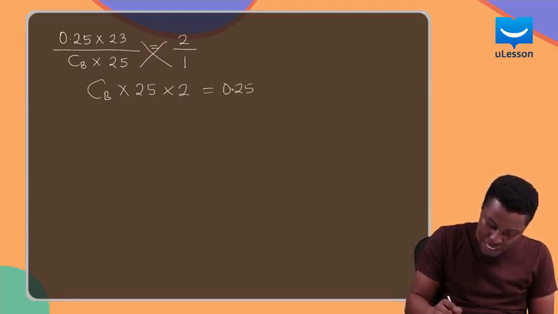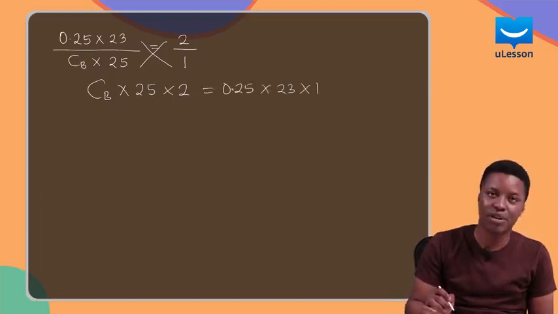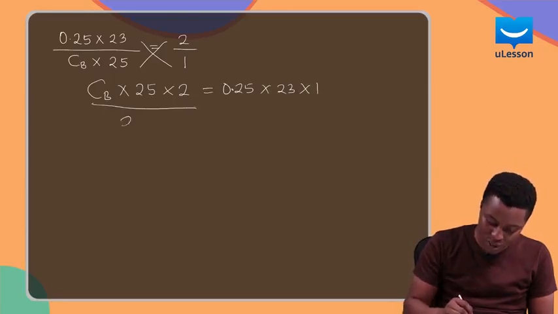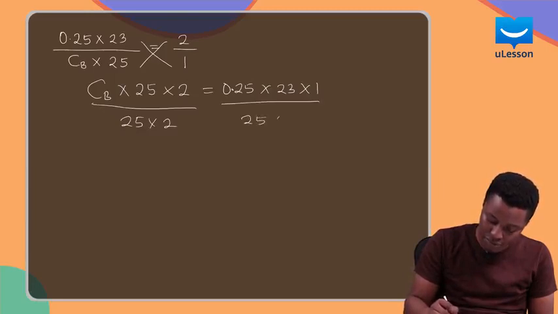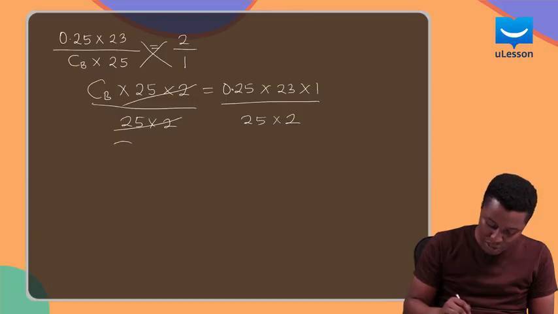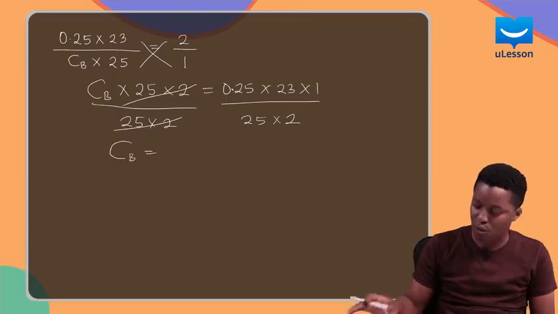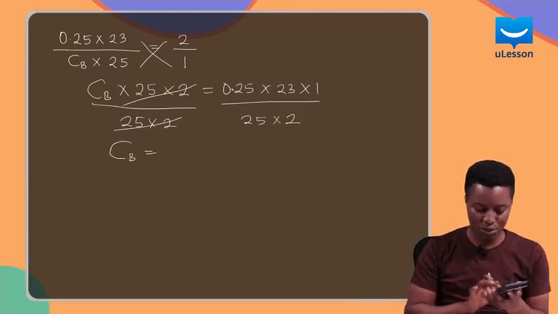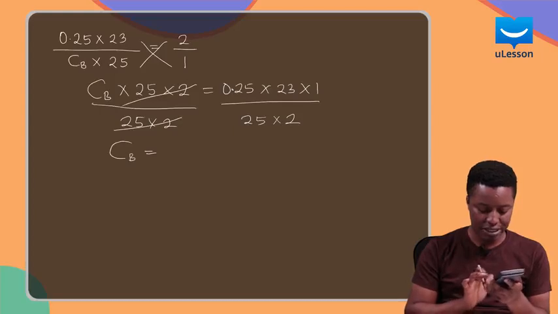0.25 times 23 times 1. To obtain the value of Cb, we simply divide both sides by 25 times 2. This cancels this, leaving the molar concentration of the base to be equal to 0.25 times 23 divided by 25 divided by 2.